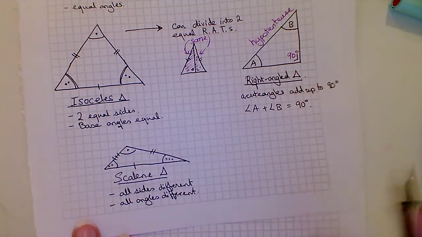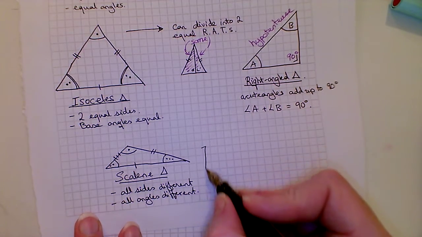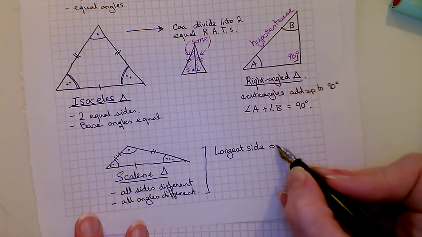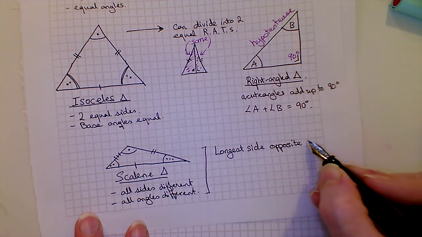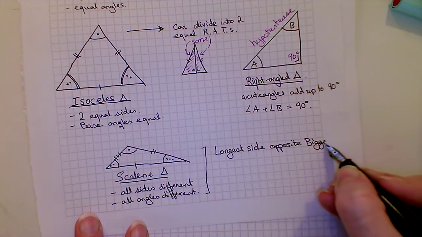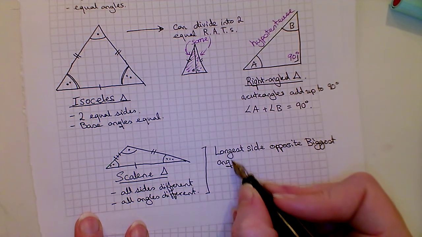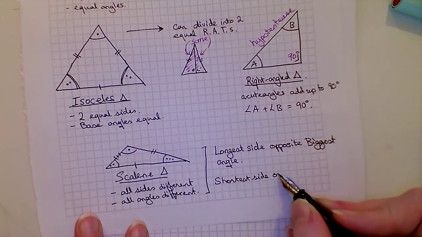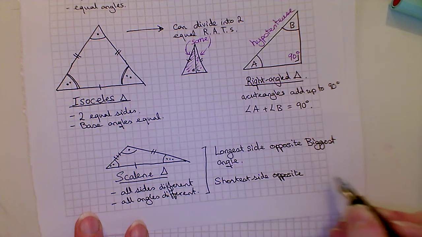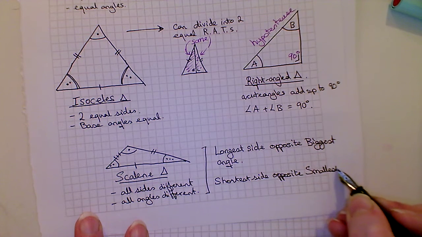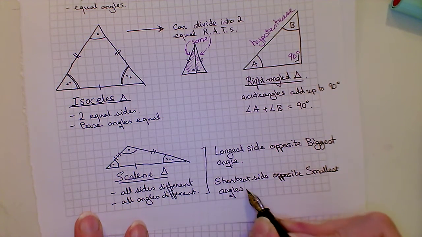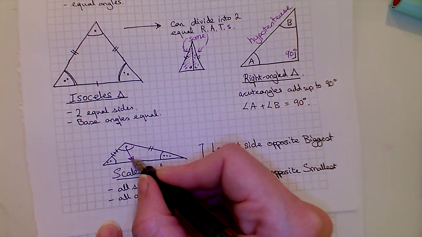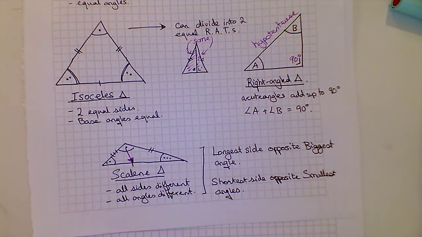The only fact that we really have about this is that the longest side is opposite the biggest angle. And the shortest side is opposite the smallest angle. Okay, so here's my longest side, and there's my biggest angle, so we can know that as a fact.